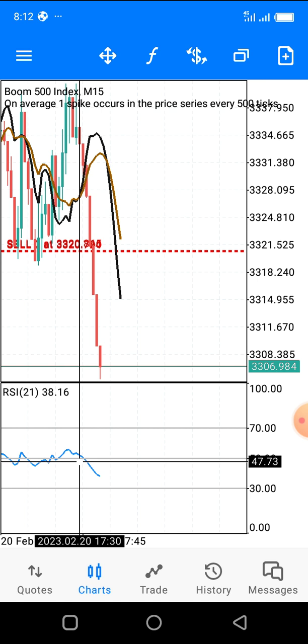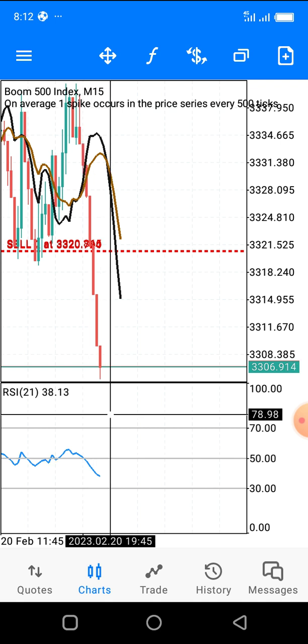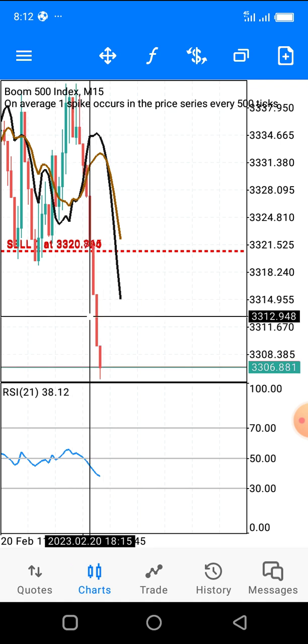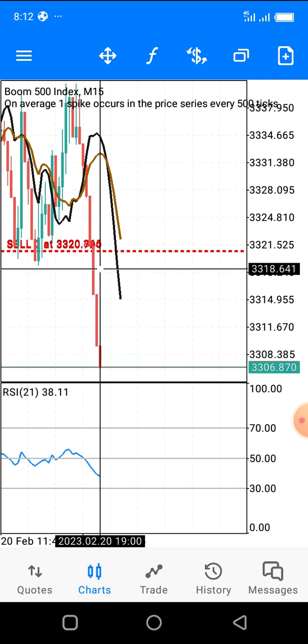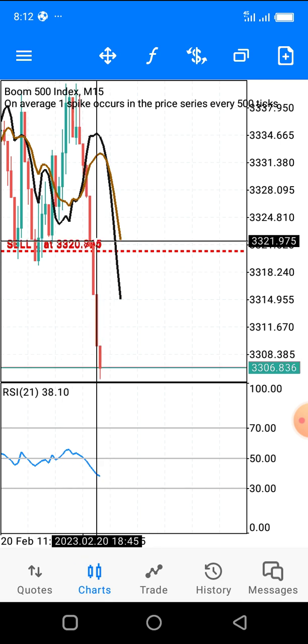So this is a very good signal, very easy and very nice. It can make you a lot of profits. As you can see right now, the market is falling.